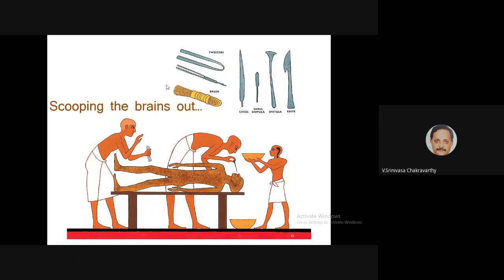That's the seat of the soul. This idea that the heart is the seat of the soul persisted for millennia in history. Whereas for them, the brain was not that important. They wouldn't cut the head because that would violate the integrity of the body. So they would scoop out the brain by inserting needles through the nostrils, as you can see in this picture.